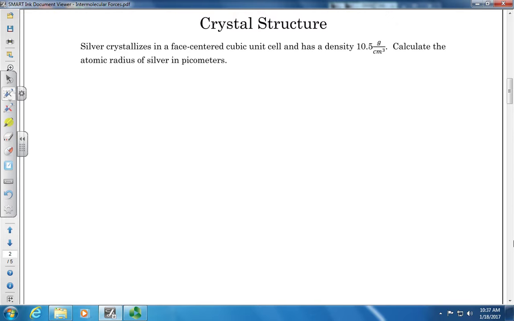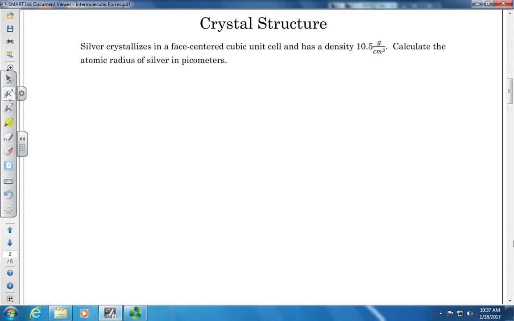at crystal structures. And we're specifically asked to calculate the atomic radius of silver in picometers for a silver that crystallizes with a face-centered cubic cell and has a density of 10.5 grams per cubic centimeter. So the first thing we have to recognize is what information we are given and how we can use that information to get to where we need to go.